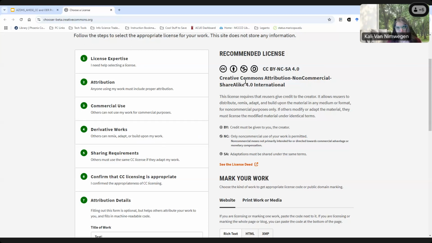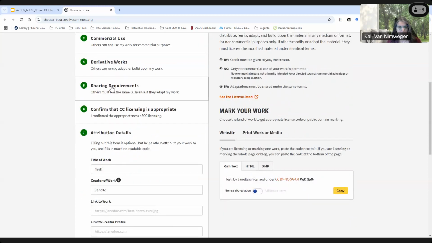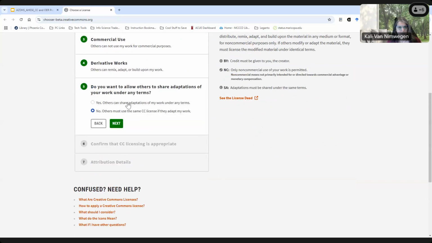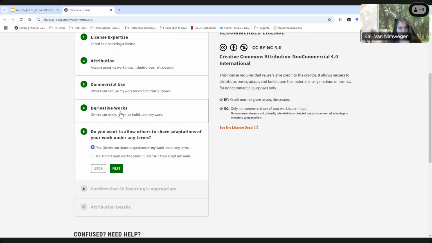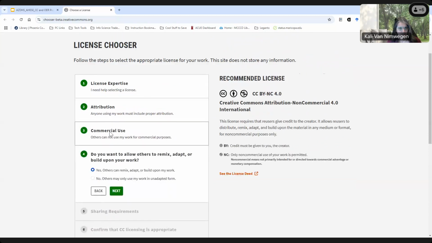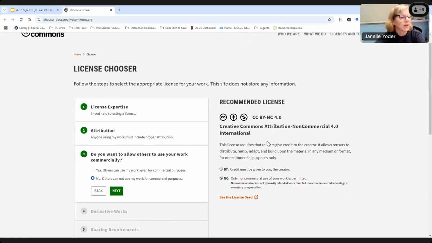So that would be my inclination, and the sharing requirements, yes, or you can go back to the infographic too. So CC BY and CC would probably be the one that I would recommend based on the intention of the book going forward. Does that make sense?